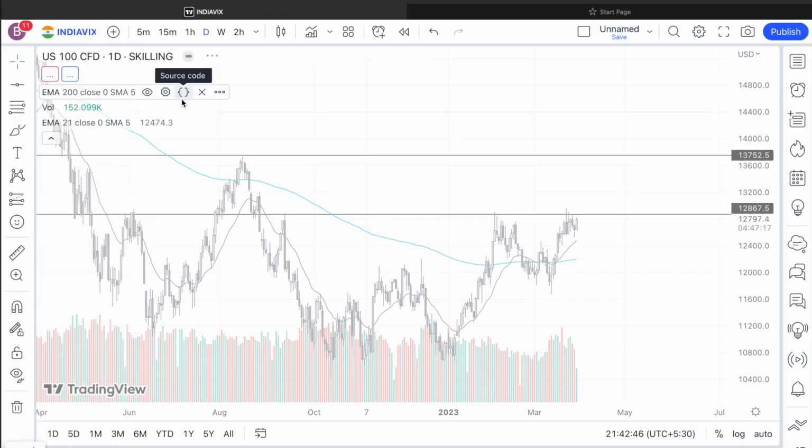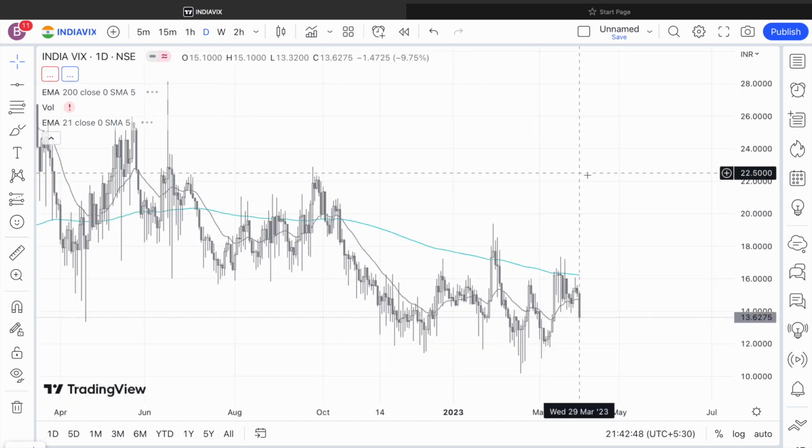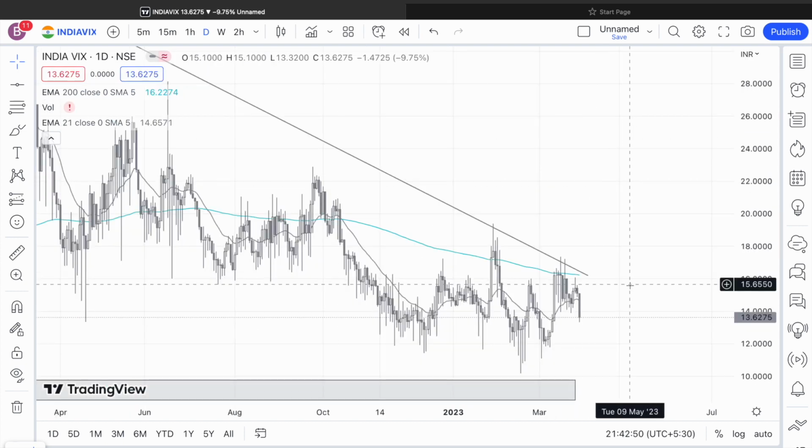India VIX actually crashed today, it has gone down by about 10%, right? That also indicates that the volatility over the next few sessions will be lower, right? India VIX is currently at 13.6, so it may come down to the level of 12 after some sessions, right? Hopefully this makes sense, guys.